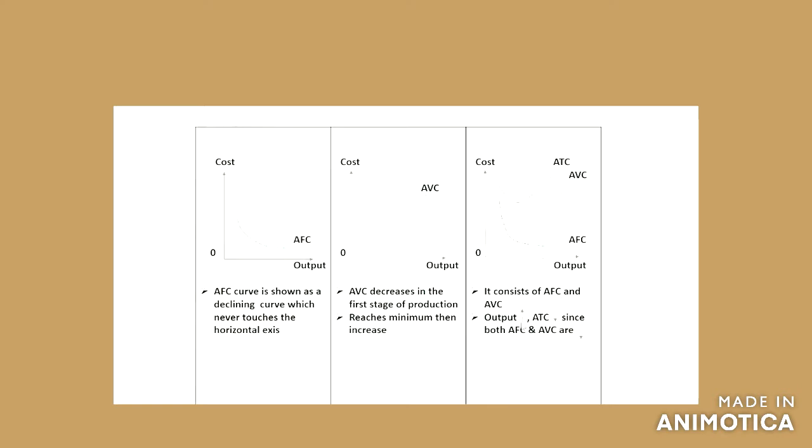So as output increases, ATC decreases, since both AFC and AVC are decreasing. It is a U-shaped curve because it consists of AFC and AVC. So this is ATC minimum and this is AVC minimum.